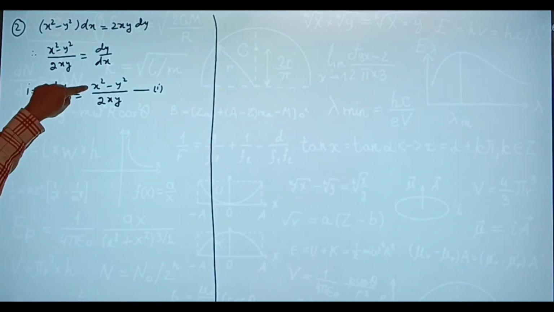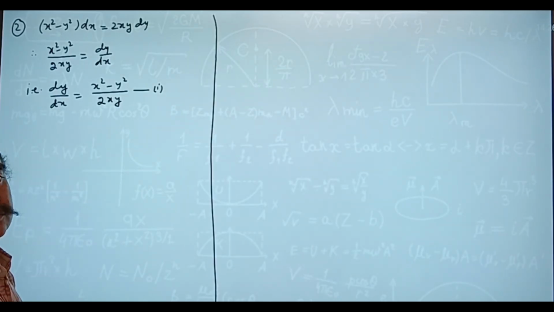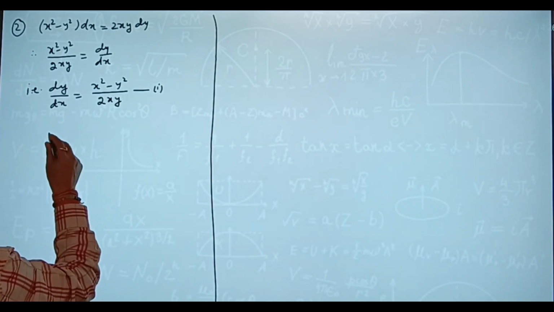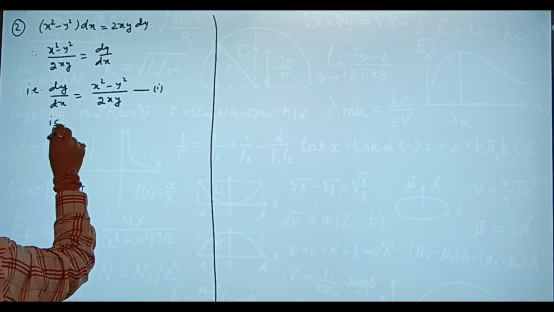See, degree of this term is 2, degree of this term is 2, whereas degree of the denominator is also 2. So degree of each term in numerator is same as degree of each term in denominator, and that is 2. Such differential equation is known as homogeneous differential equation.